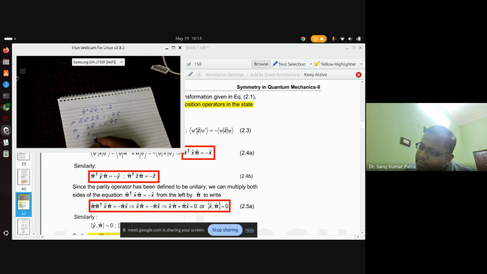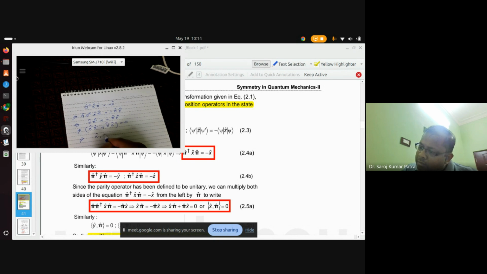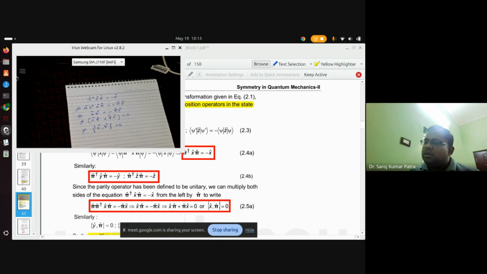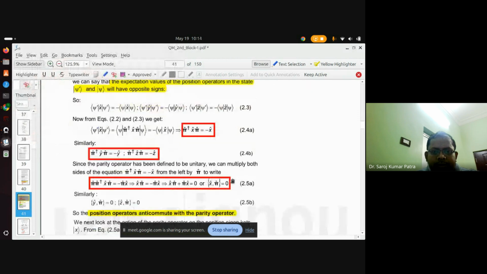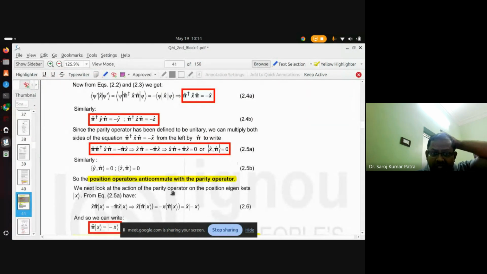This implies x pi plus pi x equal to 0, or this is represented as x pi anti-commutator is equal to 0. Clear? Yes, sir. Which is nothing but the equation 2.5 given over here. All right. So the position operators anti-commute with parity operator.